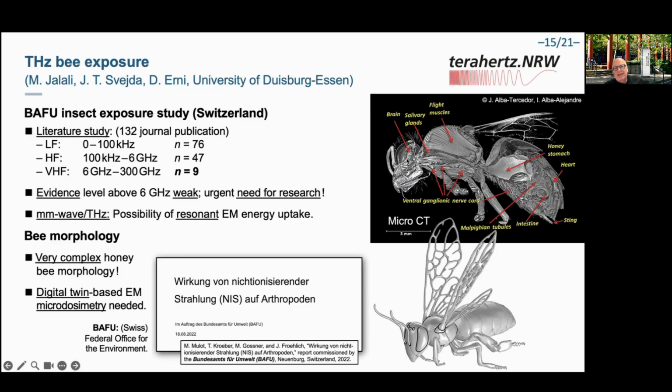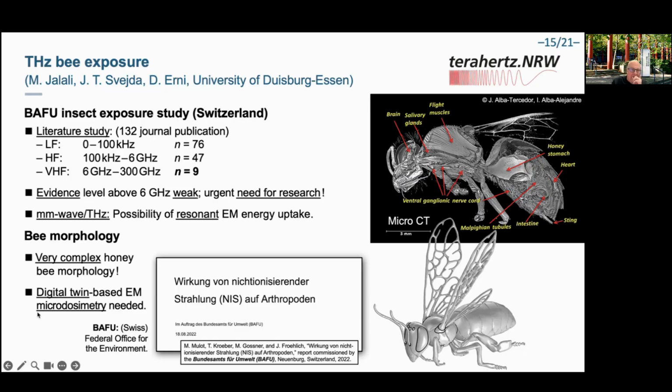Then here is a brain ganglion for the olfactory system connected to the feelers. Then we have the muscle part, the digestive tract, and the heart here. All these functionalities provide an extremely heterogeneous structure confined within a small volume.